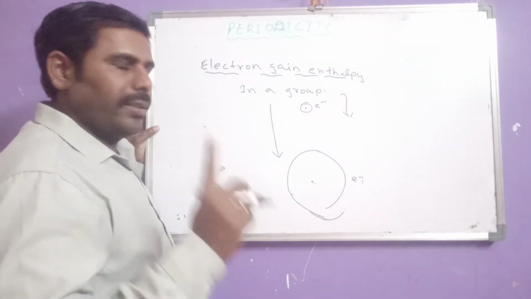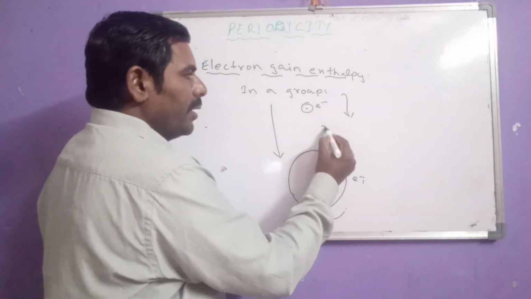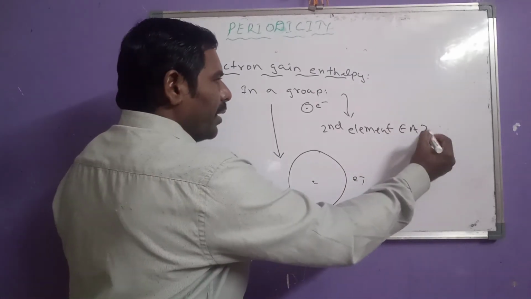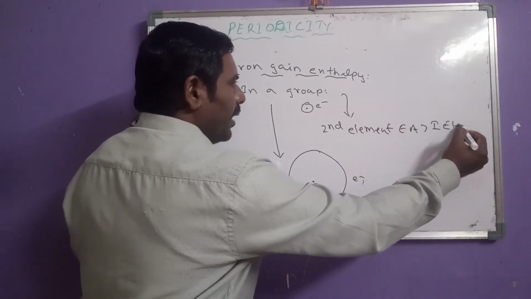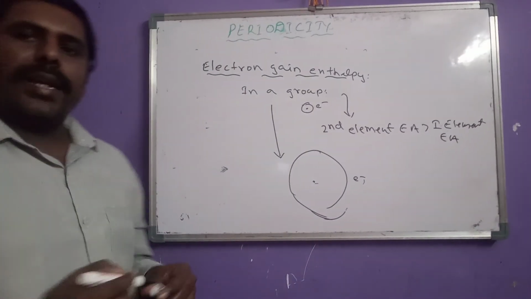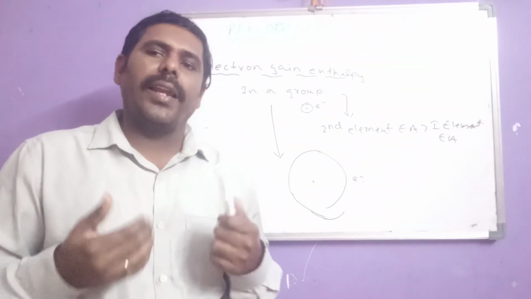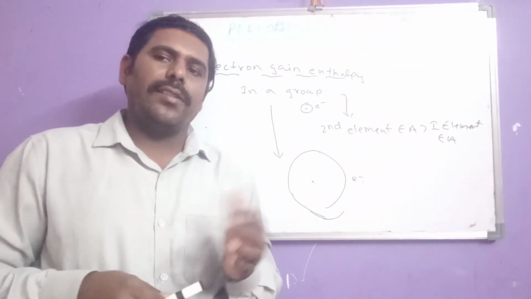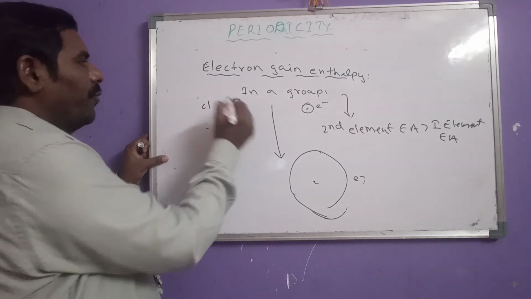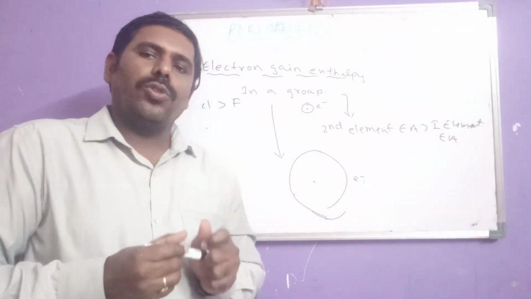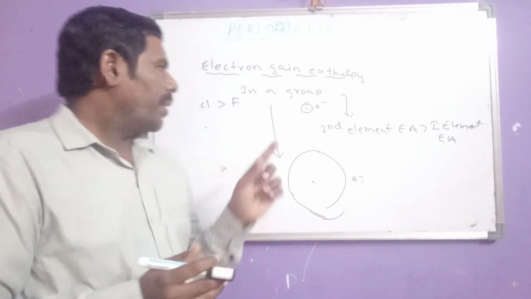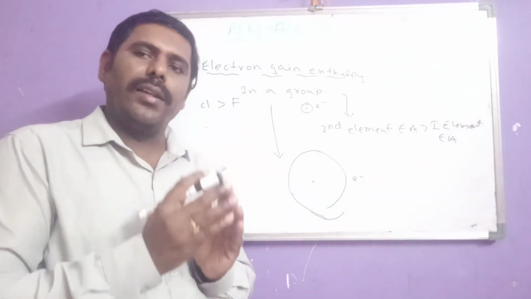But one important thing here: in every group, the second element's electron gain enthalpy is greater than that of the first element. We have to remember this point. Example, chlorine's electron affinity is greater than that of fluorine, because due to the very small size of fluorine, the first element in the group, it has more electronic repulsion.